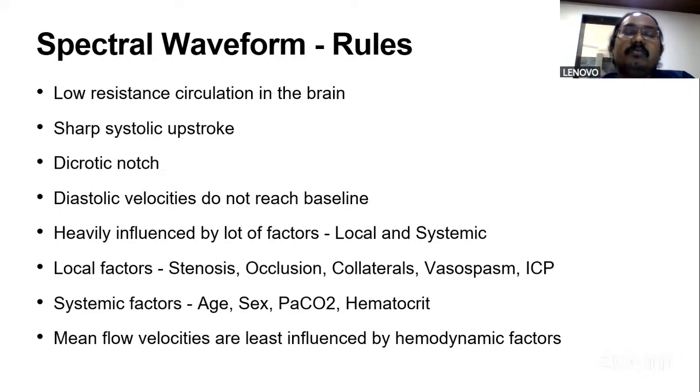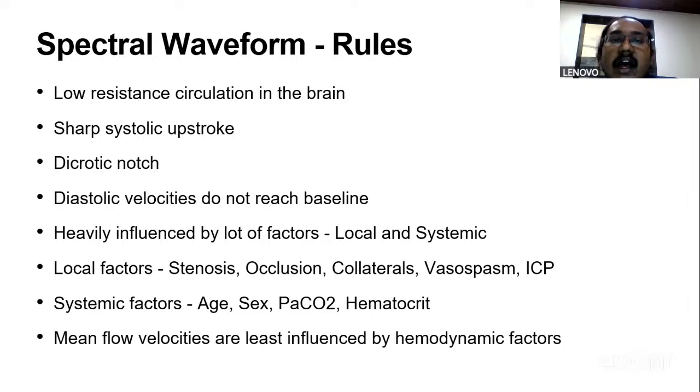So now, all this is done. So with the traditional TCD machine, we know how to identify an insonation window, how to insonate an intracranial artery. Also, we have looked at transcranial color-coded duplex sonography, how to look at the structures, how to identify the blood vessels.